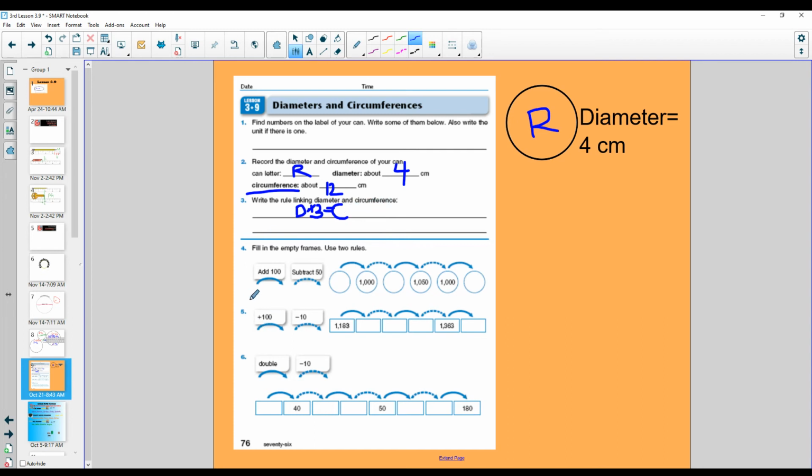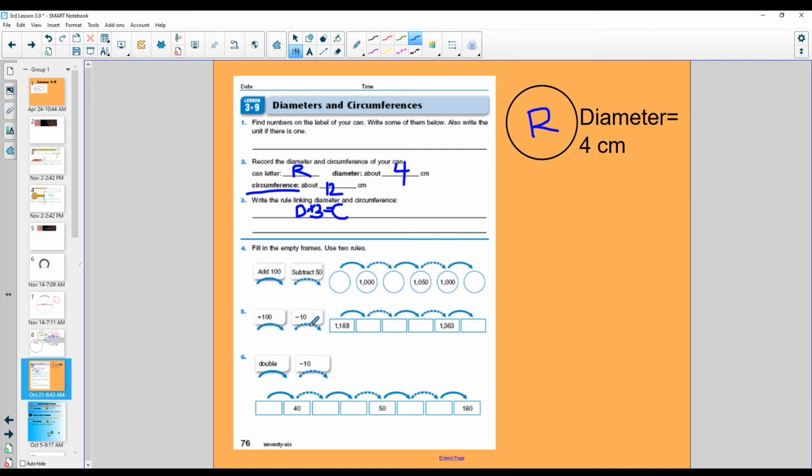All right, third graders, down here, you are going to fill out the frames and arrows with the rules. This rule is add 100. Now look, if I have to go back the opposite way of the arrow, what I have to do is the opposite. All right, the opposite of add would be subtract. Then here, I have to subtract 50, add 100, then subtract 50, which they already did, and then add 100.